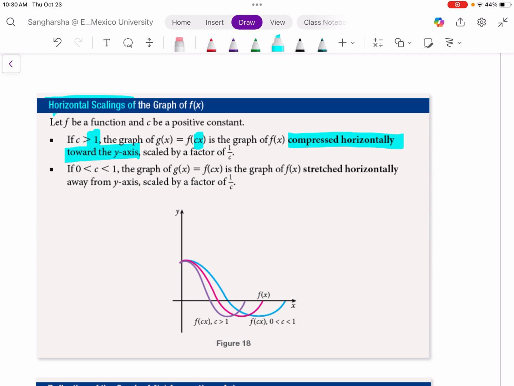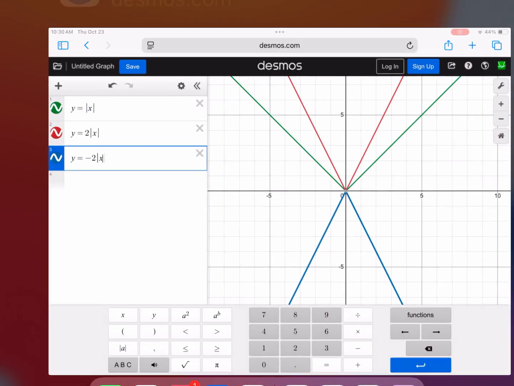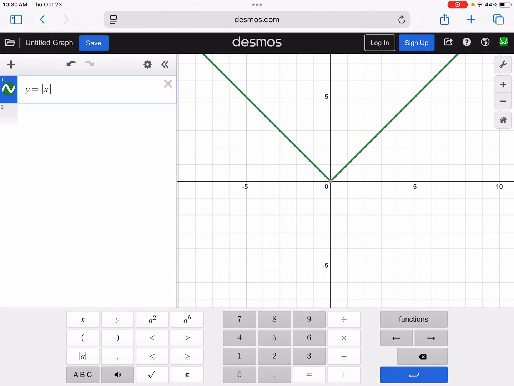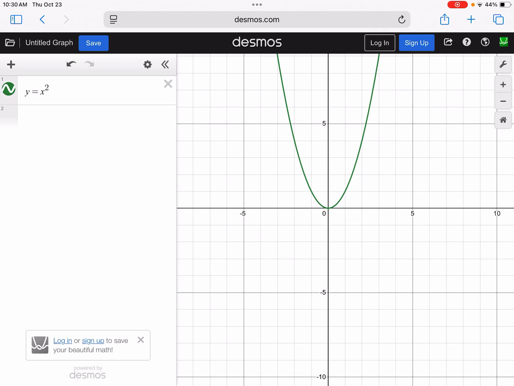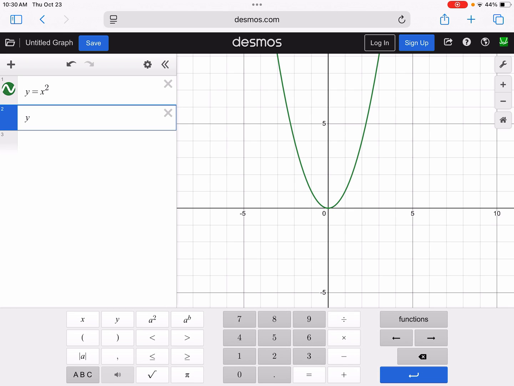Okay, let's see what it means on a graph here. Let me take y equals our quadratic function x squared. Now if we replace x of this function by, let's say, 5x, so instead of x we write 5x, and we have the square as it is.